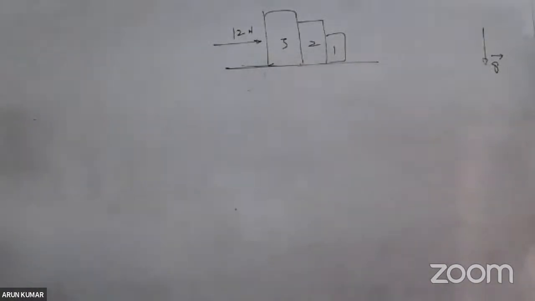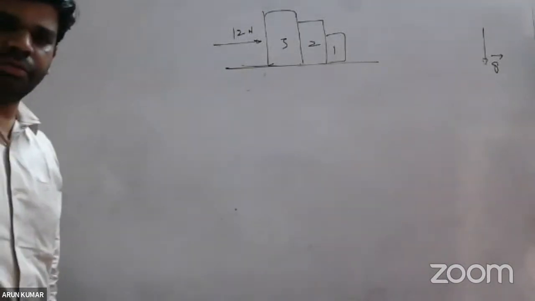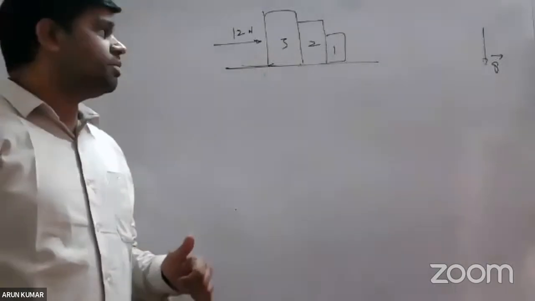Find the acceleration of the blocks. So 12 by 7, sir. Why 7? Why is it 7?